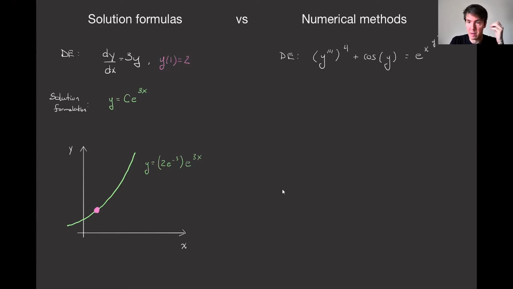And this is maybe a more extreme or dramatic example, but even with some relatively simple differential equations, such as, in a lot of cases, second order differential equations, there are many where it's either too hard to find a solution formula, like it would just be too much work, or we don't know.